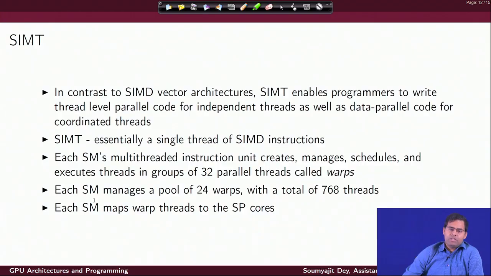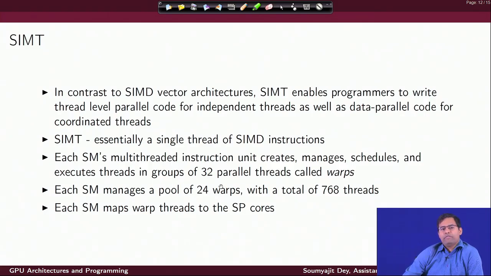Each SM, now this is specific to the architecture that we have been talking about, manages a pool of 24 warps with a total of 768 threads. Now, again this is specific to the GeForce architecture. Each SM maps warps' threads to the SP cores. As we can see, there are a lot of threads to manage. Essentially there are 768 threads, and they are being distributed across 24 warps.